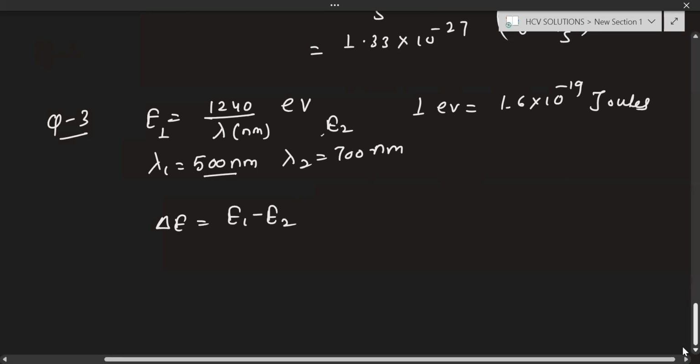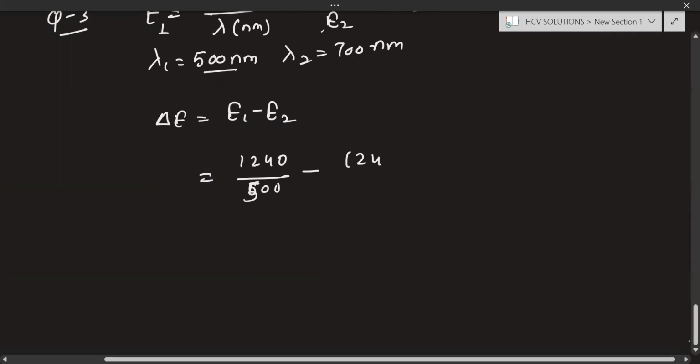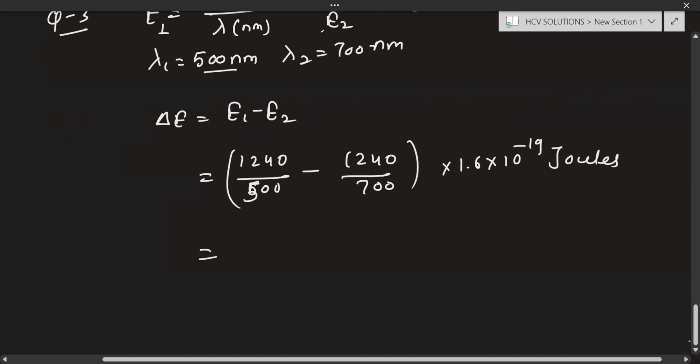So you will write 1240 divided by 500 minus 1240 divided by 700, but that energy will be in electron volt. To convert to joule, we multiply by 1.6 10 to power minus 19, so that will be in joules if you want to calculate in joule.